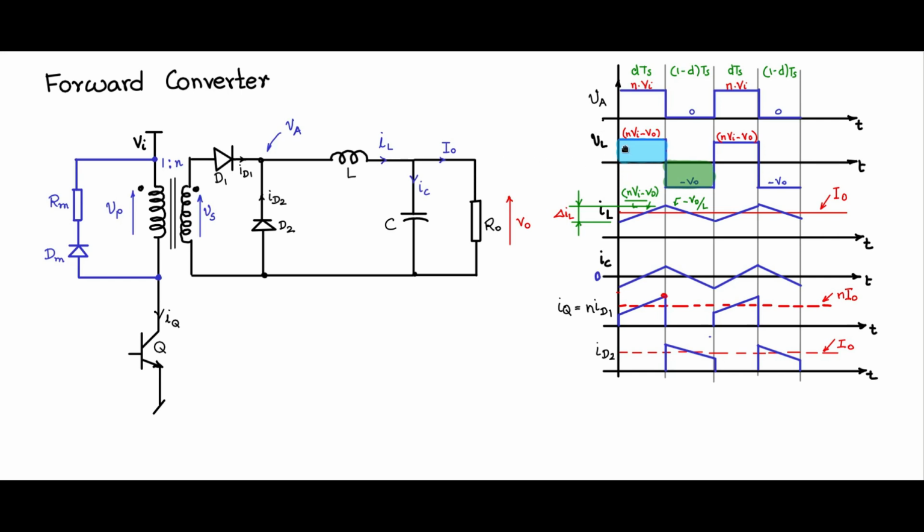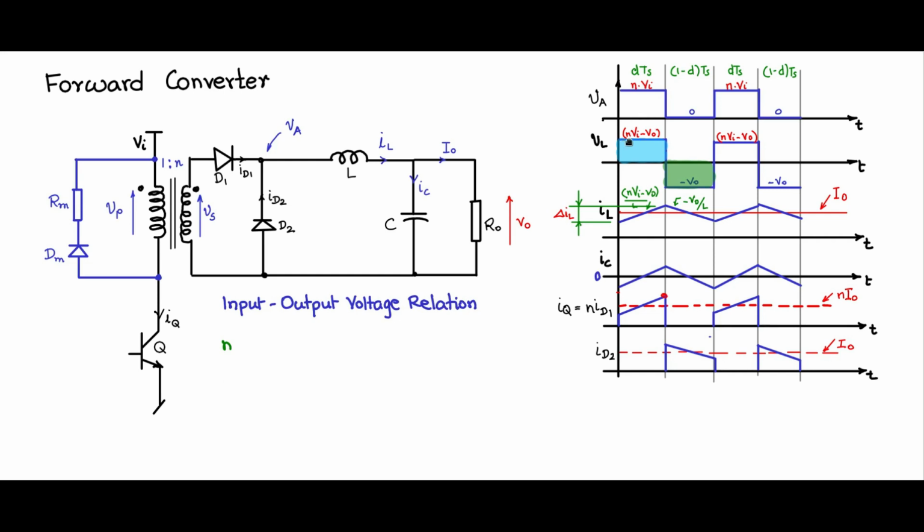The voltage during the dTs period multiplied by the time period gives the area of this rectangle, and during the 1 minus d Ts period we have minus V0 multiplied by 1 minus d Ts, which gives the area of this rectangle. These two should be equal for volt-second balance, and that will give us the input-output voltage relationship. So let us now write it down and see what is the change.